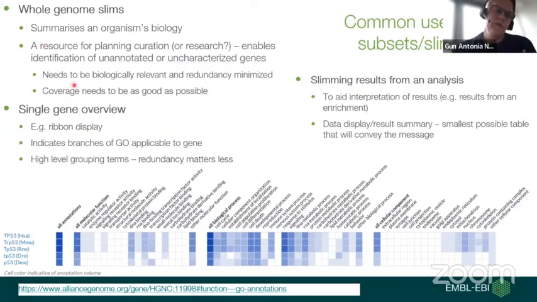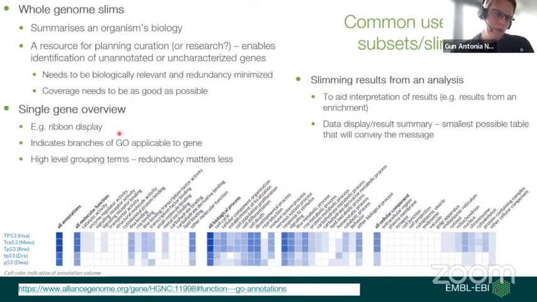Typically for those slims, you want them to be biologically relevant, but also not to have a lot of redundancy. And you want them to cover as many of your genes as possible, because if you have things in your genome that don't slim, you want to know whether it's because they are either unannotated or uncharacterized.